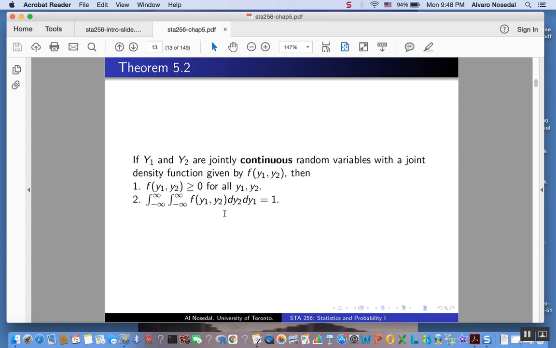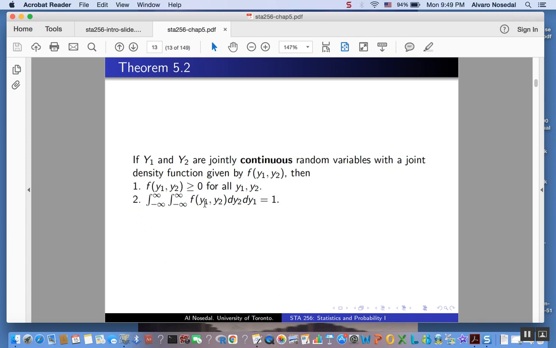And now to find probabilities, instead of using just a single integral, which would be the area underneath the probability density function, instead of finding areas under a curve, we're going to be finding volumes under a surface. Make sense?